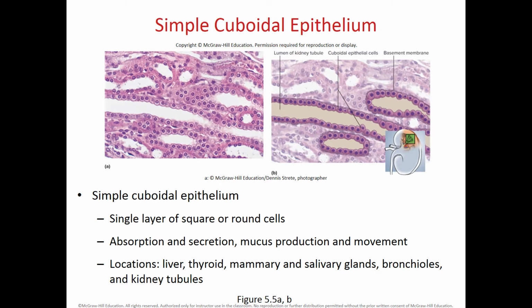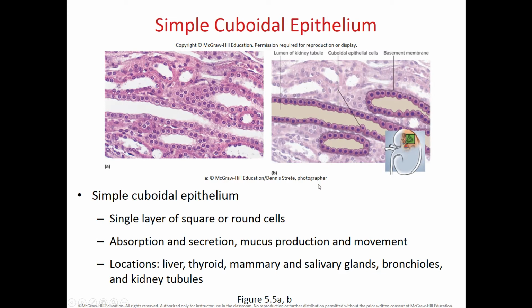Another type of epithelium is called simple cuboidal. So in simple cuboidal, we have only one layer of cells, as you can see here. And the cells look like a square. This is a sample of the kidney tubules that are lined with this simple cuboidal epithelium.